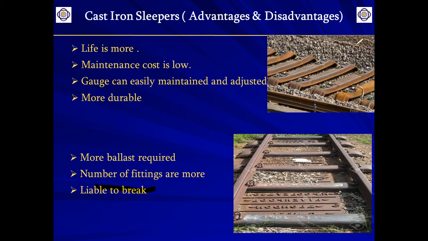Gauge, that is the inner distance between the two rails, can be easily maintained, and if some adjustment is required it can be done easily, and they are more durable. As far as the disadvantages are concerned, more ballast is required, more crushed stone is required, the number of fittings is more, and they are liable to breakage during transportation.